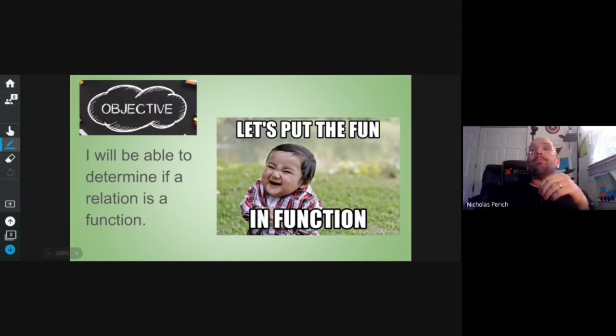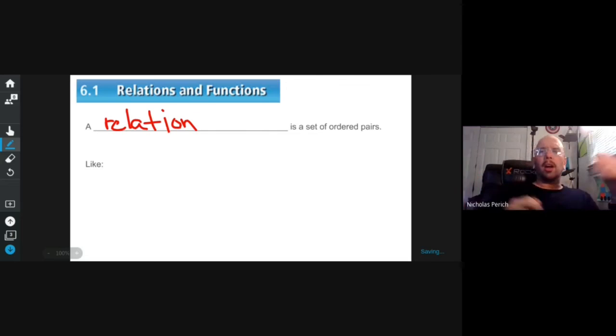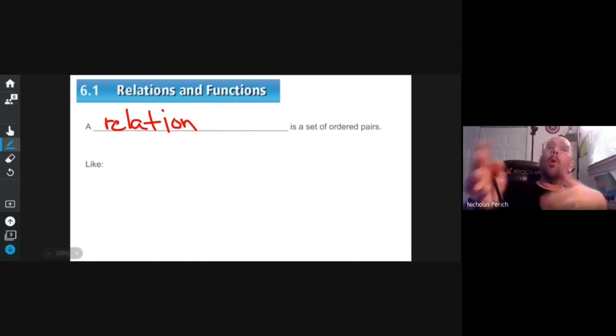But you get into this relationship with them, and a relationship involves a pair. So a relation is a set of ordered pairs. What's an ordered pair? Well, an ordered pair is an XY, a point, of course. So a relation is a bunch of them.